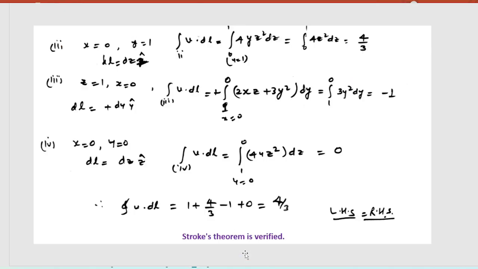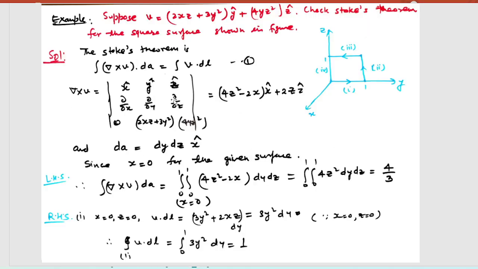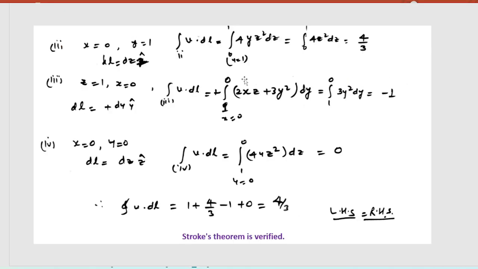Similarly for path 2, the dl vector is changing in the z direction, so dl vector will be dz into k cap. Only the k cap or z cap component will give us values, other terms will be 0. So B dot dl will be 4yz square dz, and if you put the limit 0 to 1, it is 4 by 3.